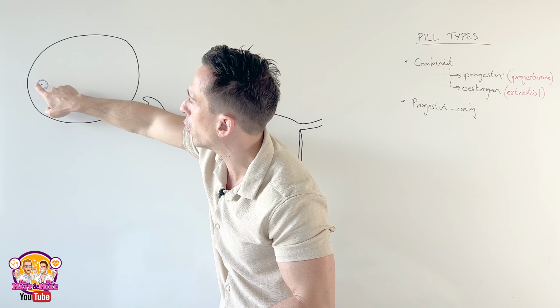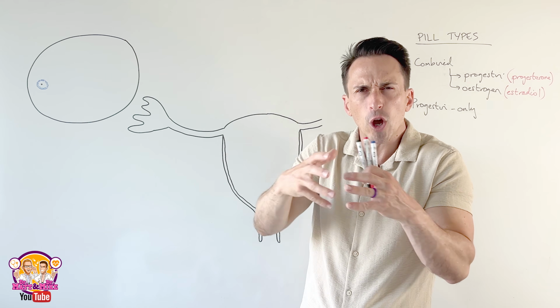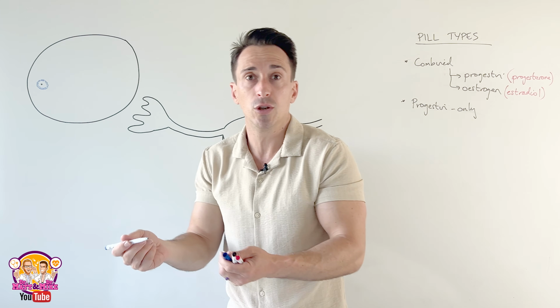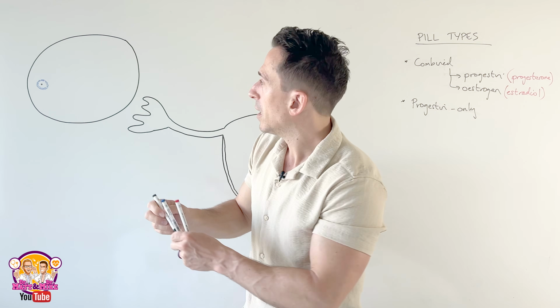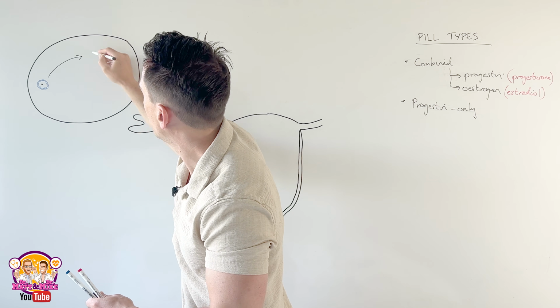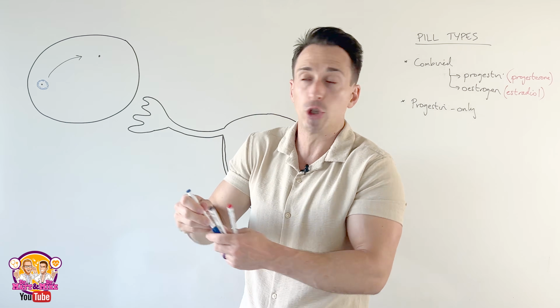So we've got what we call a follicle, also known as a primordial follicle. It's a very early stage follicle. And what this follicle needs to do is it needs to mature and develop. So effectively, this follicle needs to mature and develop into, unsurprisingly, something that we call a mature follicle.